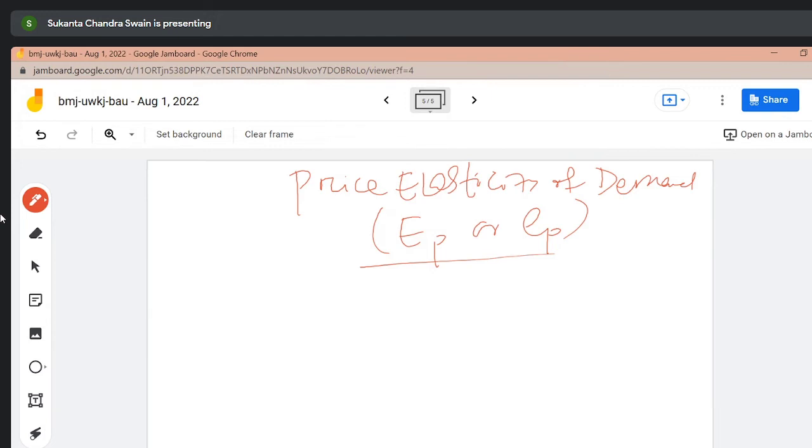It means if any commodity's price changes, to what extent does demand respond to that? To what extent does demand change? This can be measured through different methods.